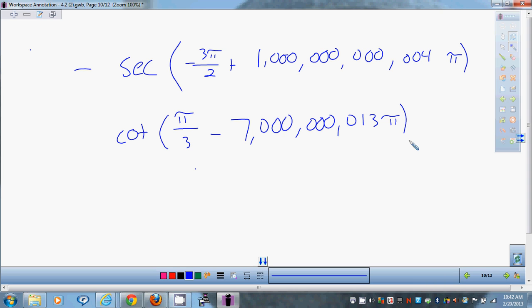Where does it flip you? Over the x-axis. So it'll take you to positive. So negative secant. What's secant the flip of? Cosine. What's cosine of positive pi over 2? 0. So negative 0, which would still be 0. The whole thing was 0. It was not a waste.